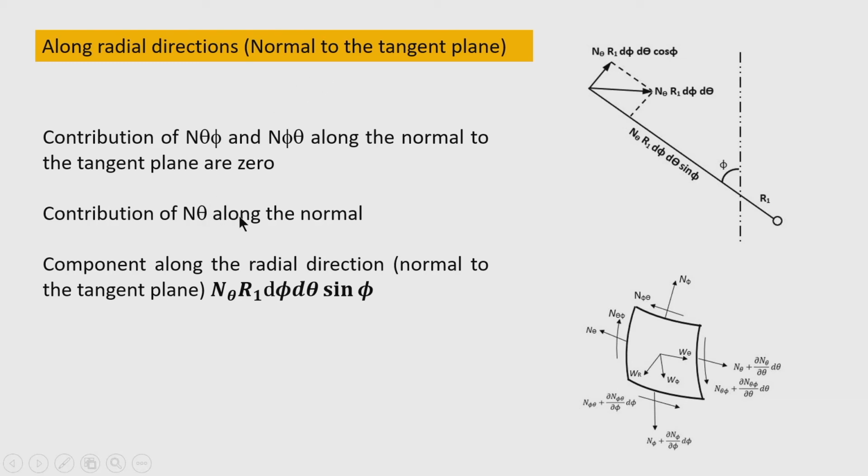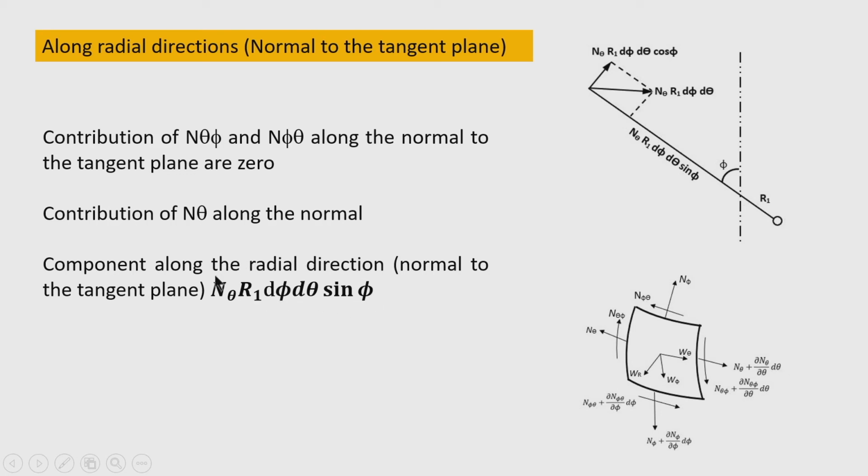Contribution of n theta along the normal. So, n theta along the normal direction we have earlier obtained during forming the equilibrium equations along the phi direction, and one component we have kept in store and now we are utilizing. So, the component along the radial direction is n theta r 1 d phi d theta sin phi.